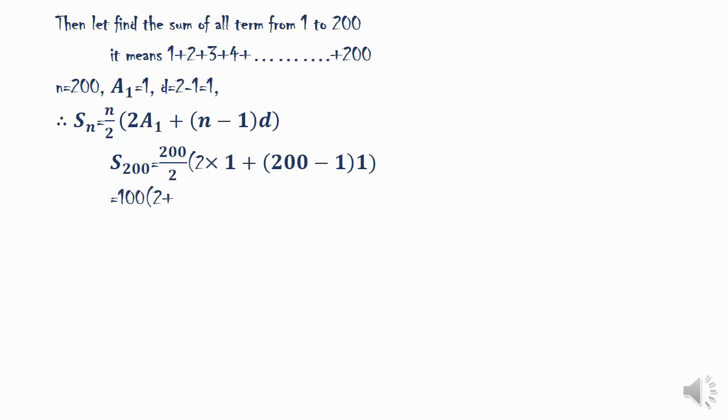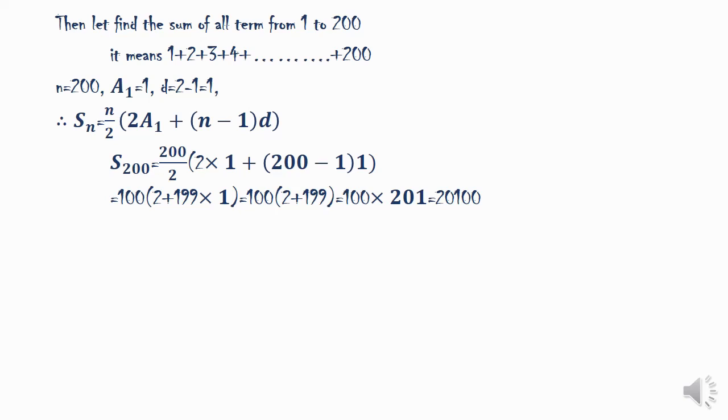So it will be 100 times 2 plus 199 times 1. Calculating the above, it is equal to 100 bracket 2 plus, after taking 199 times 1, you get the same 199.